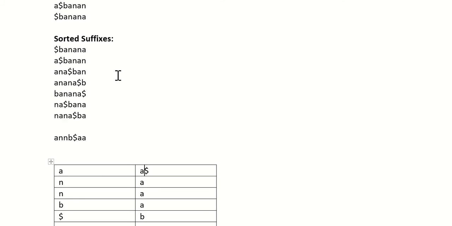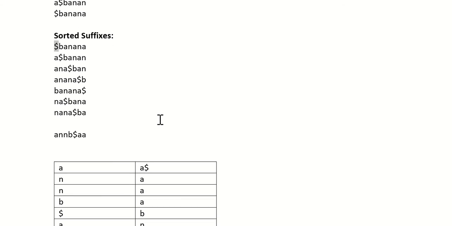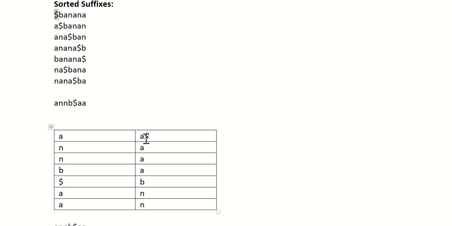This column going down this way is the same as what we have sorted here, and this column is the same as our BWT. So we can just know that A comes before $.